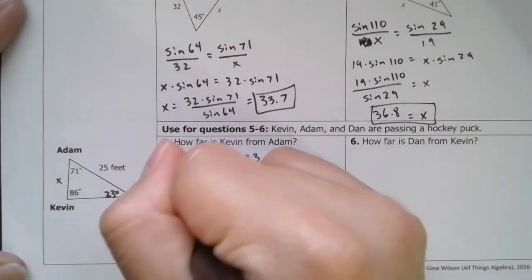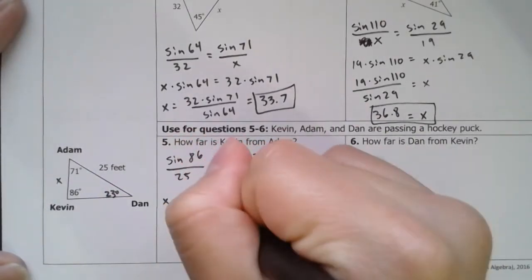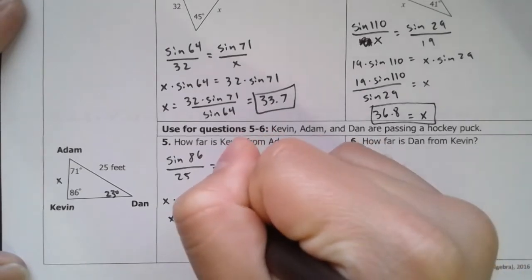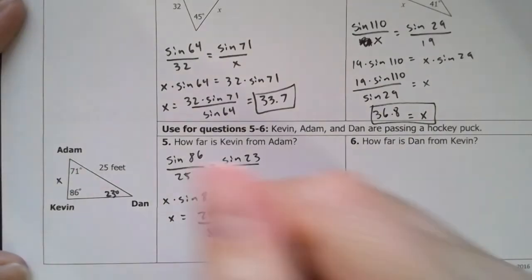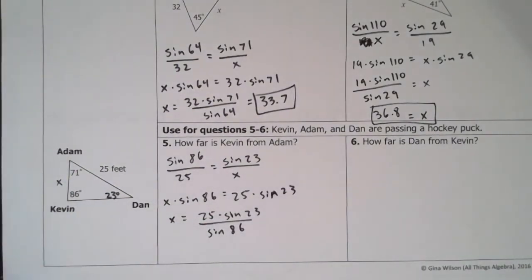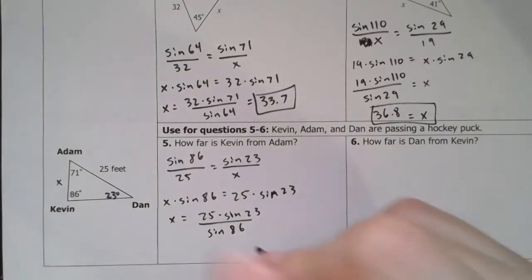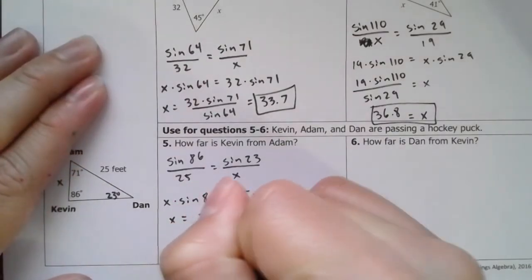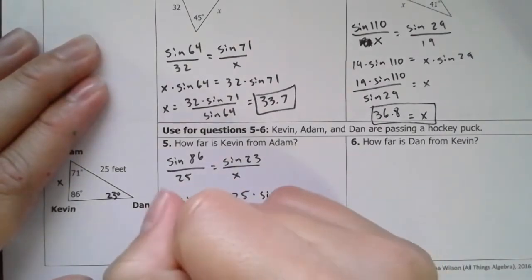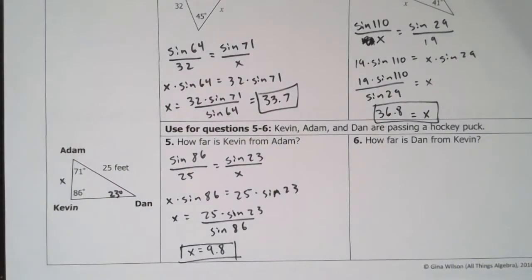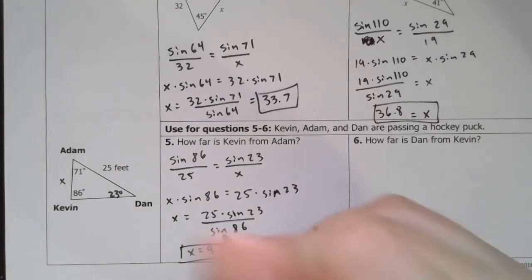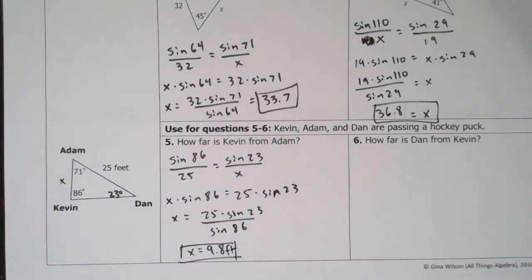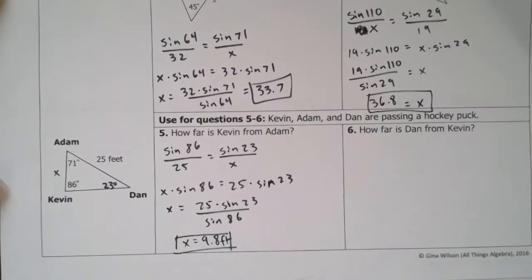That's equal to x is equal to 25 times sine of 23 over sine of 86. Put this in your calculator. You're going to get x is equal to 9.8. Whoops, forgot my unit of measurement. Feet, right? Yeah.